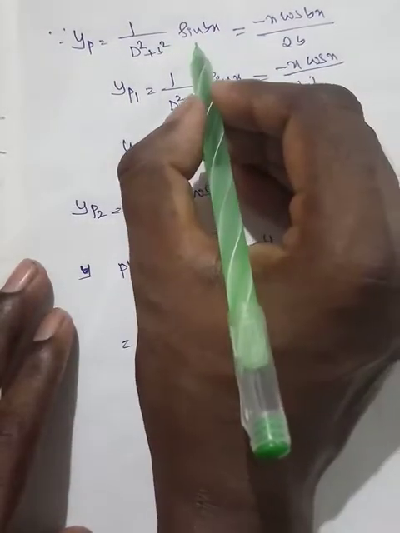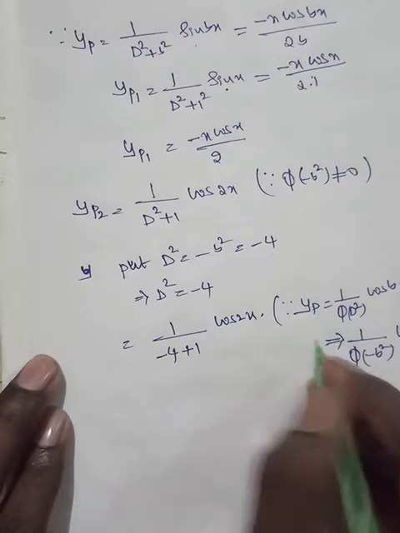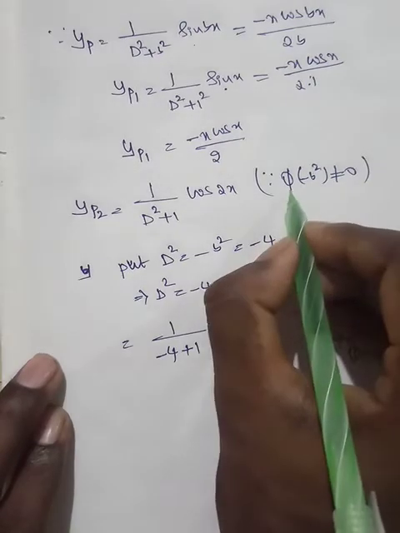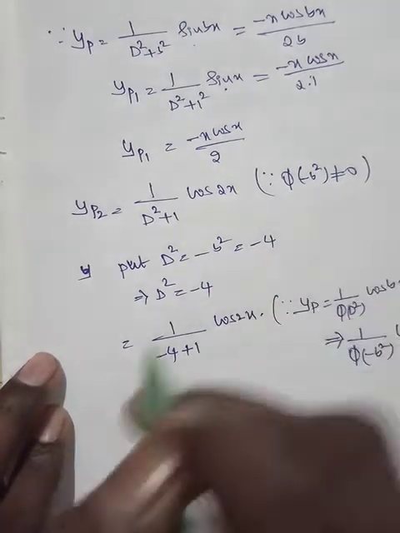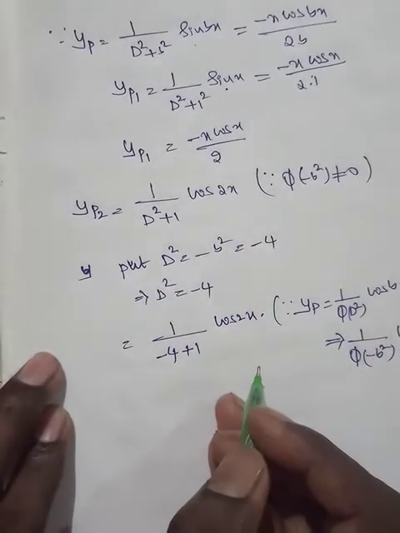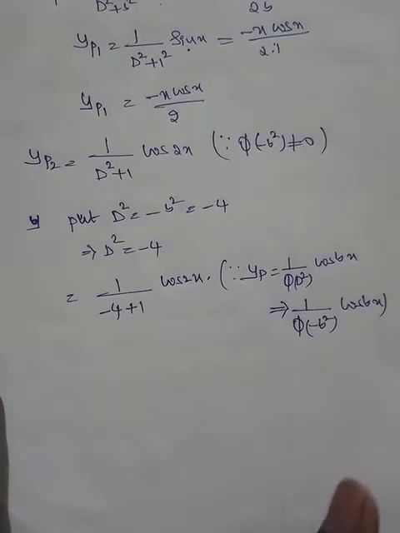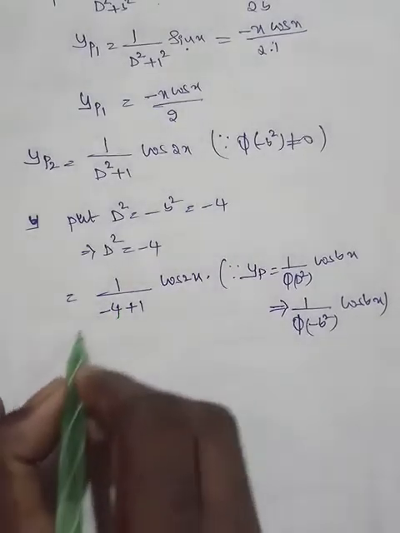In this case 2, sin becomes cos, cos becomes sin here, right? This will be in the case of phi of minus b square not equal to 0. In this case sin will be sin only, cos will be cos only, there is no change, right? Okay, so by using this formula I am writing this.